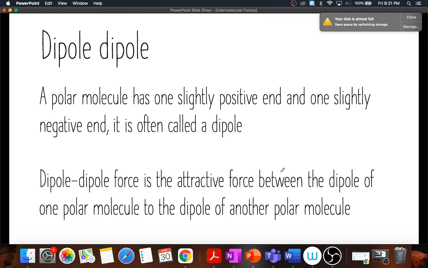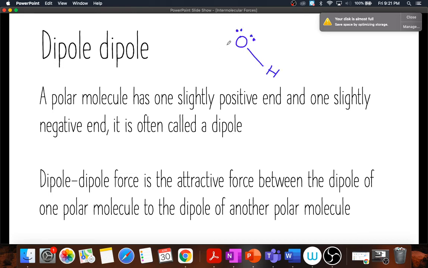Now we're going to get into dipole-dipole. The name, again, is very indicative of what this is. It is an attraction between two different molecules that both have a dipole. Let's take a look at our water and HCl molecules that I showed you earlier.